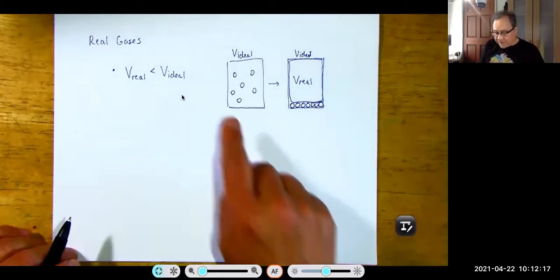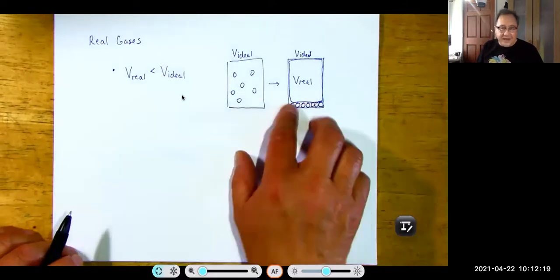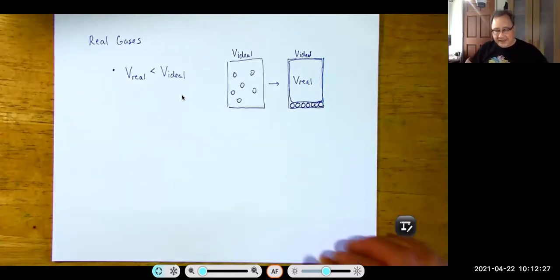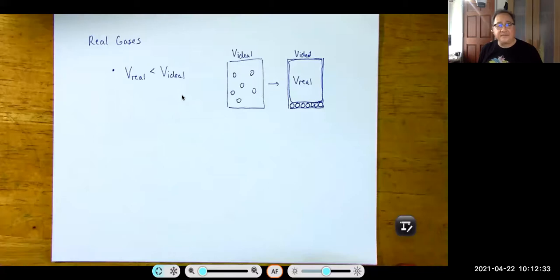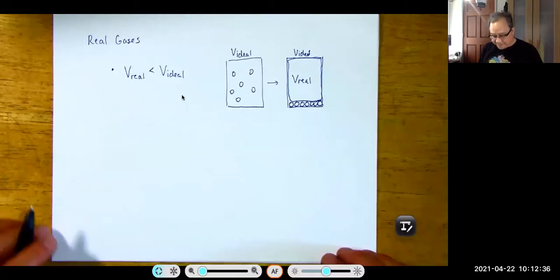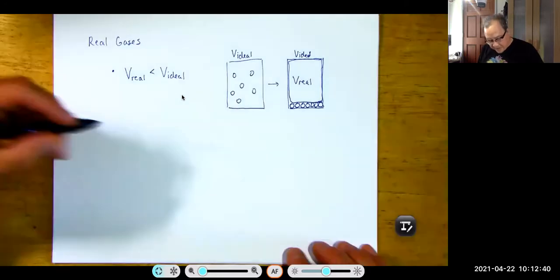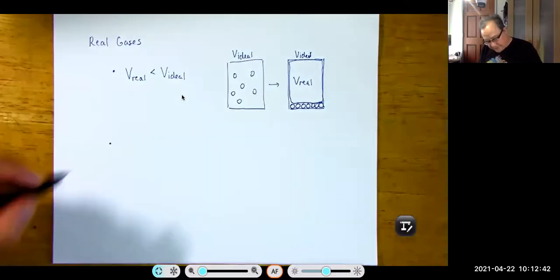Now, what are the differences between these two values? The answer is not very much. It's probably less than 1% difference. In a chemistry sense, in a science sense, if you're within 1% of the real value, you're like, yeah, this is great. Now, the other thing that we talk about is the pressure.